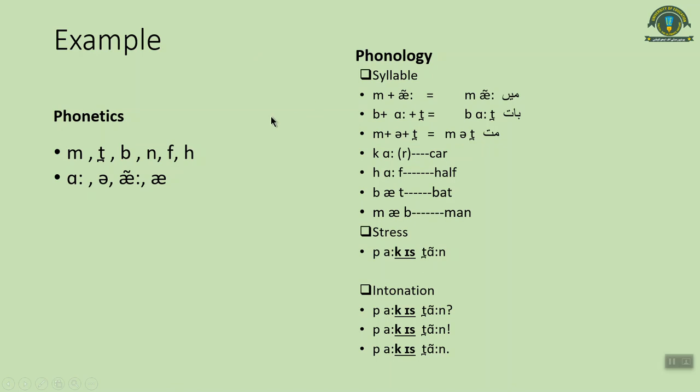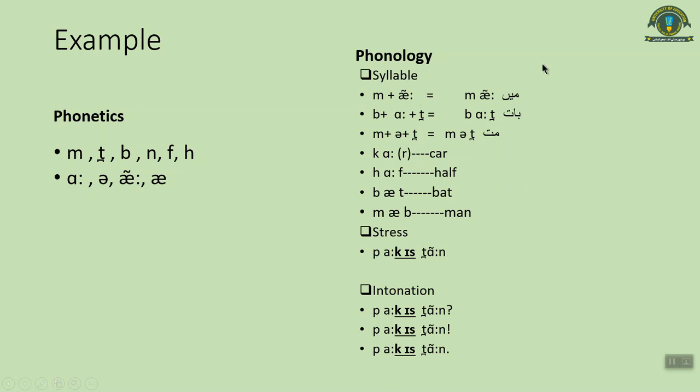Now let's see how phonology is going to deal with these symbols. Now you see, in Urdu, the same symbols are going to make a different formation. In English, for example, we are going to have words like car, mat or bat, or in Urdu you can make different words with the same sound.